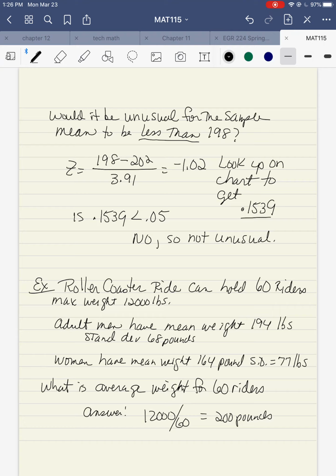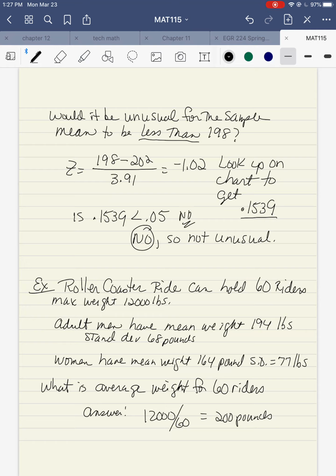That is the probability that I need. However, the question wants to know if it's unusual. In order for an event to be unusual, the probability has to be less than 0.05. So since 0.1539 is not less than 0.05, this is not an unusual case. So no, this is not true.